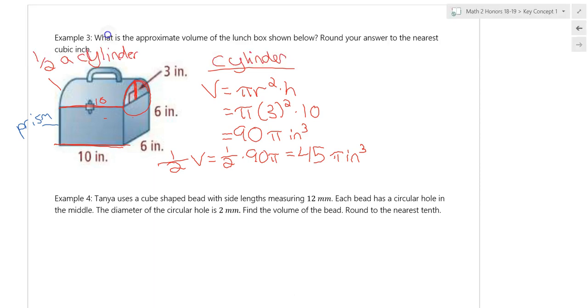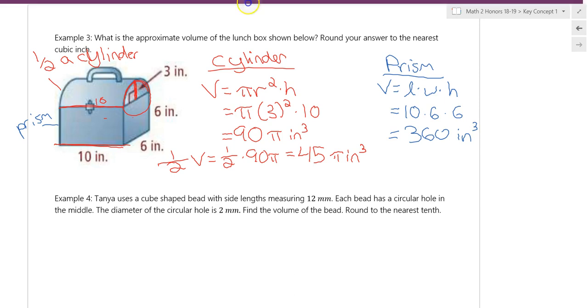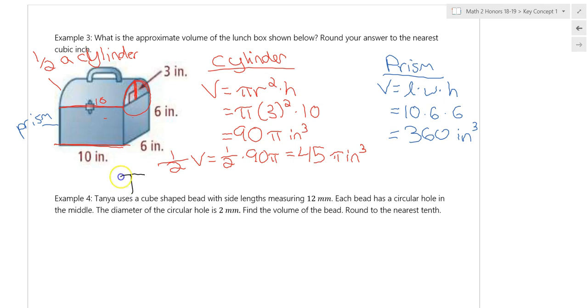Then our volume for the prism. Volume equals length times width times height. 10 times 6 times 6, which equals 360 inches cubed. Now for our total, am I combining these or am I taking one out of the other? I am combining these. So I have 45 pi plus 360. Okay.